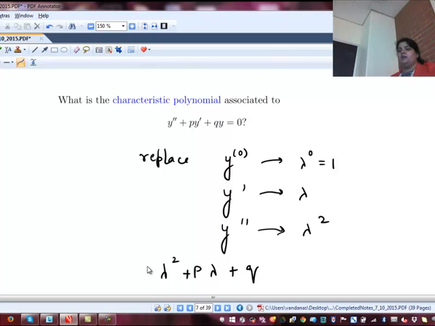It's a very usual mistake students make that they replace y with lambda. Don't replace y with lambda, your polynomial will be wrong. So y with 1, and this is the characteristic polynomial.